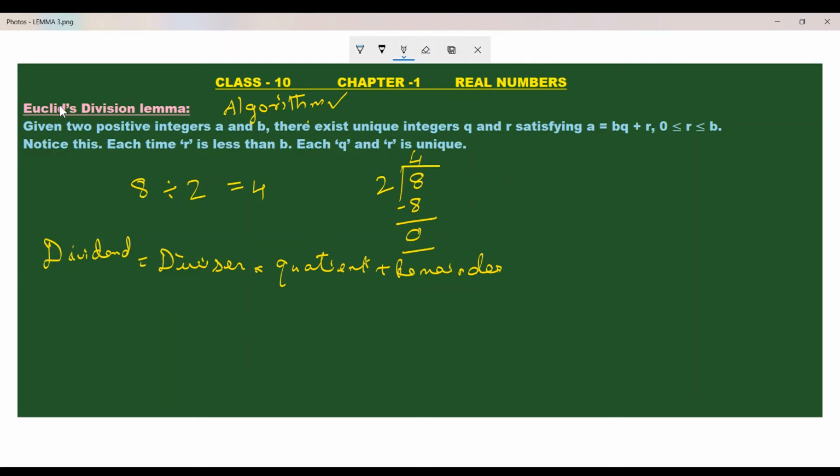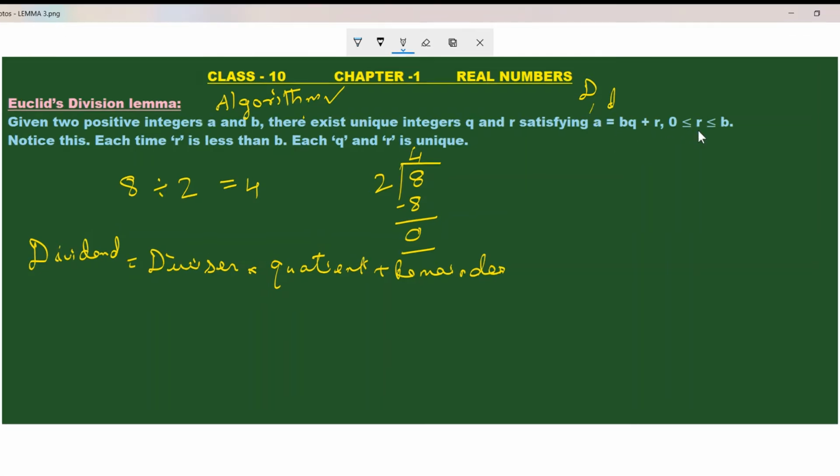So Euclid made one formula like this. He has taken a and b as two integers. We know here a is the dividend, b is the divisor, q is the quotient, r is the remainder. And then r should be equal to or greater than 0, and lesser than b.